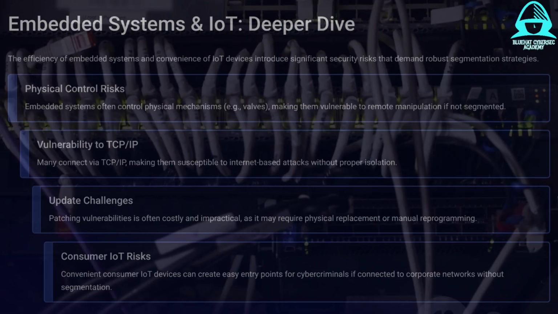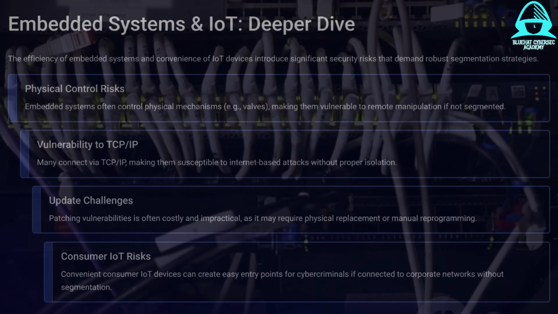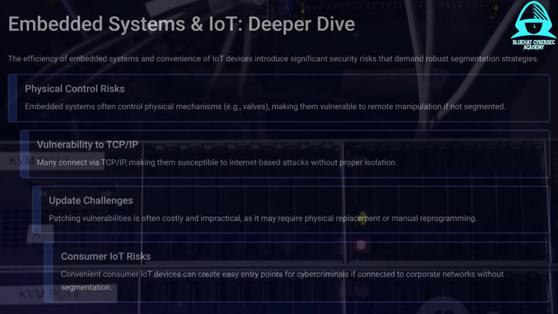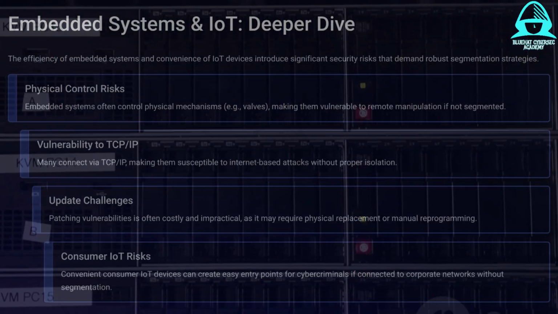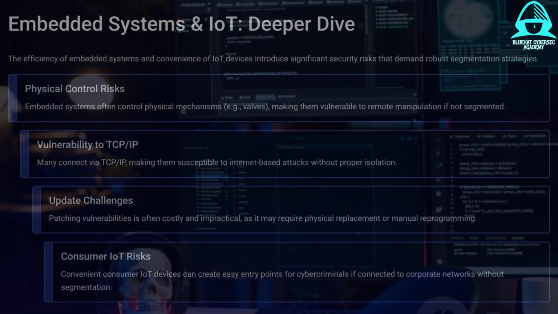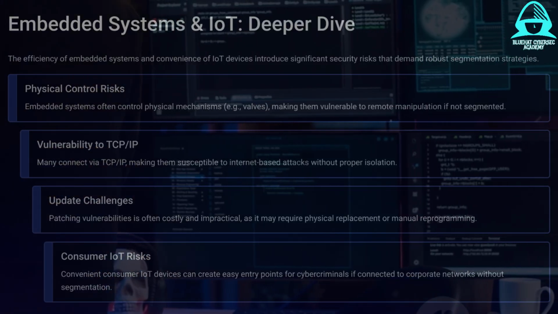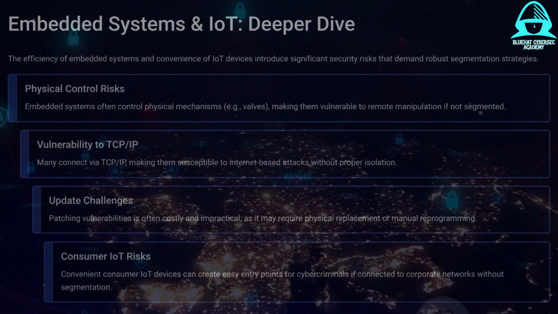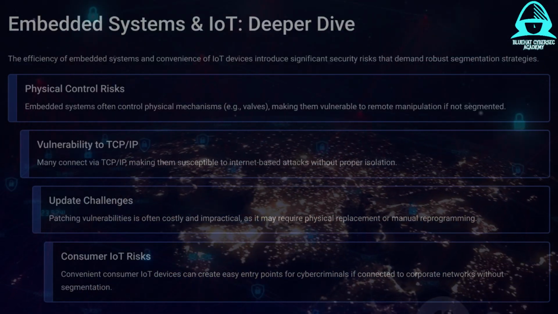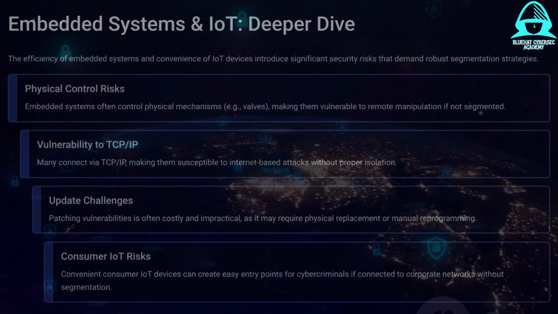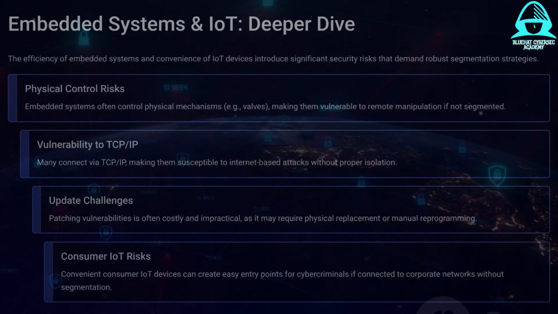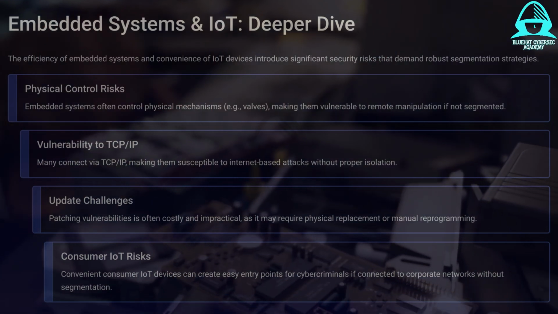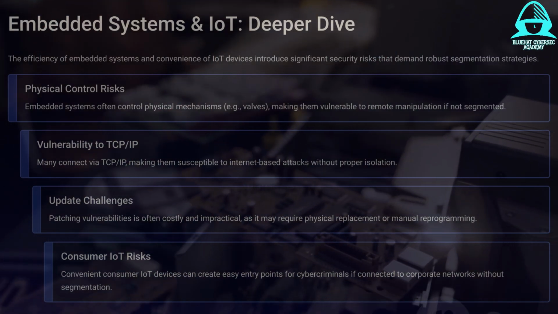Since embedded systems often connect to corporate networks using TCP/IP, the same protocol that powers the Internet, they can be vulnerable. Without proper segmentation, anyone on the Internet could potentially control these physical mechanisms. Segmentation is critical because it ensures that even if a corporate network is compromised, attackers cannot access physical controls on embedded systems.